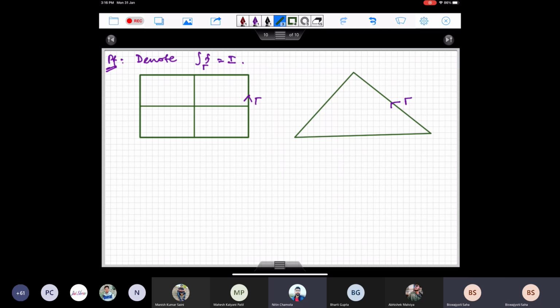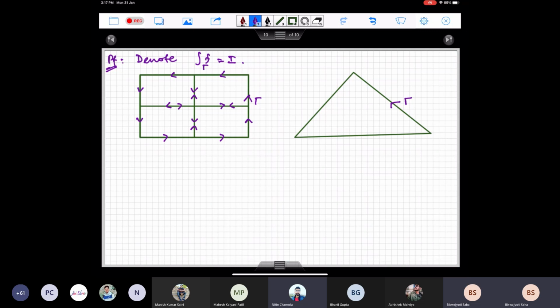Like this. And now what I am going to notice is that if I concentrate on the integral of f along the boundary of the subrectangles, then this integral gets added and gives us the actual integral.